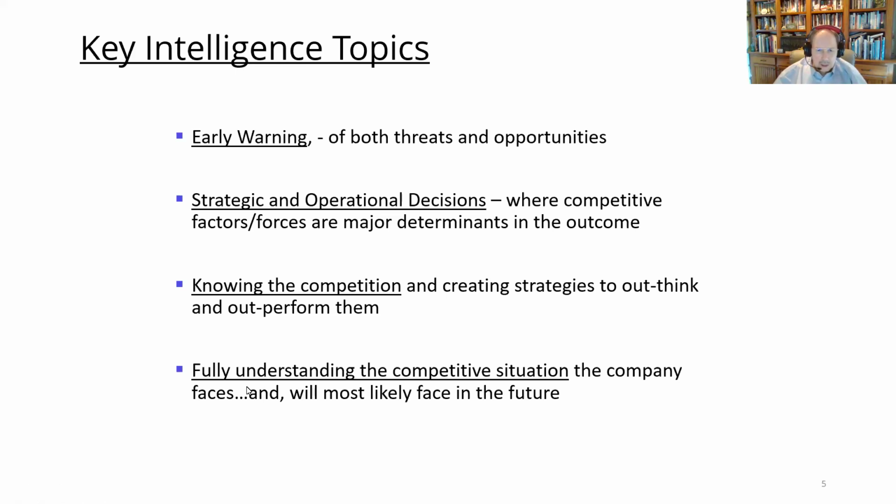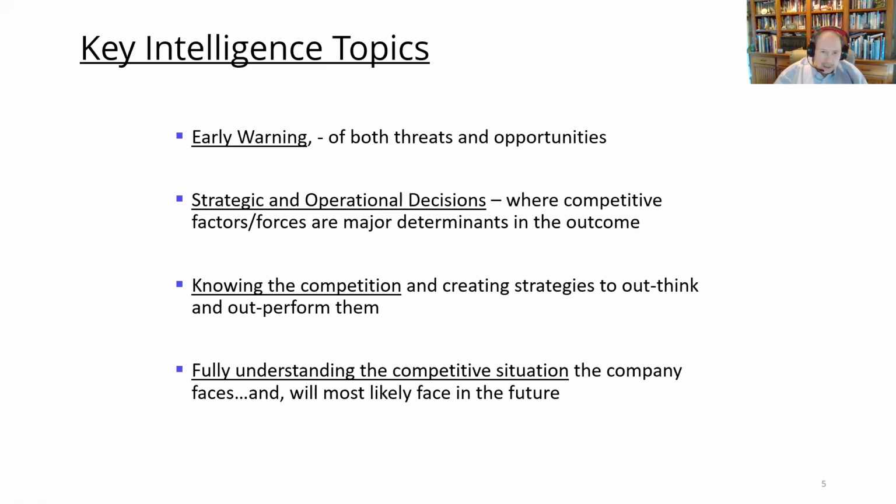intelligence literature as a way of intelligence professionals defining the tasks that they have to deal with as communicated by their managers. Their managers won't call them KITs. They'll call them business issues. The intelligence folks call them key intelligence topics.